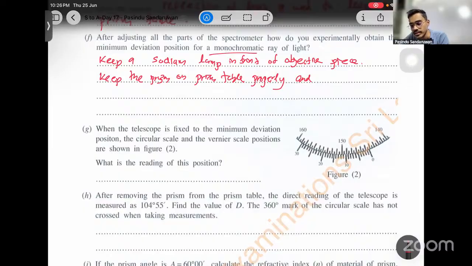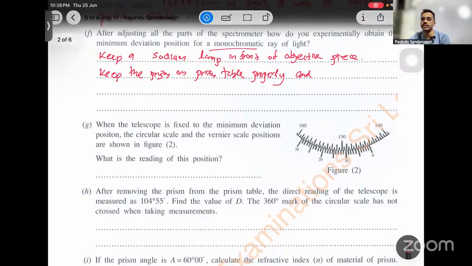We are going to get the small angles. After keeping this, we have to rotate it to a small angle of incidence.